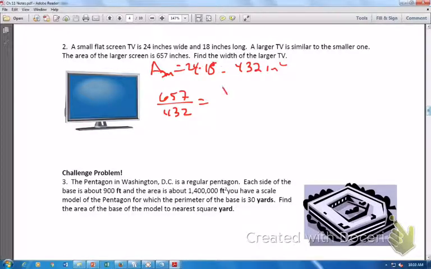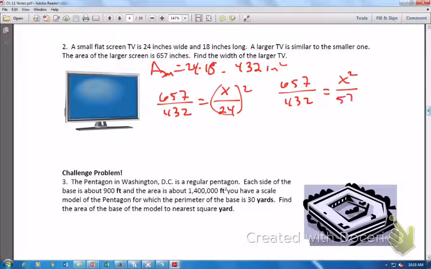The width of the large TV we don't know, it's what we're trying to find. Let that be x. The width of the small TV is 24, but then we have to square this. So that gets us to 657 over 432 equals x squared over 576, and then you've got some work to do.